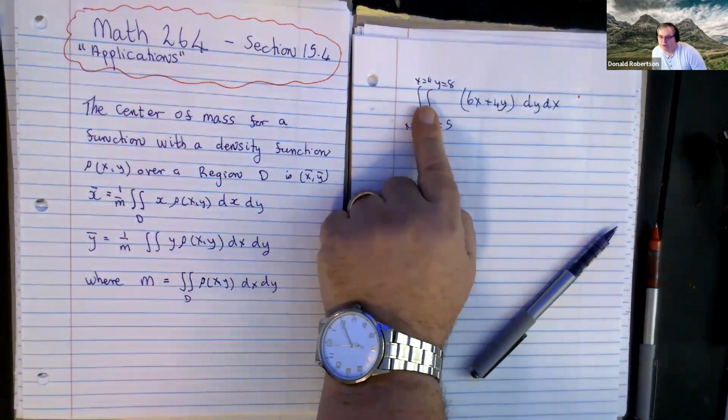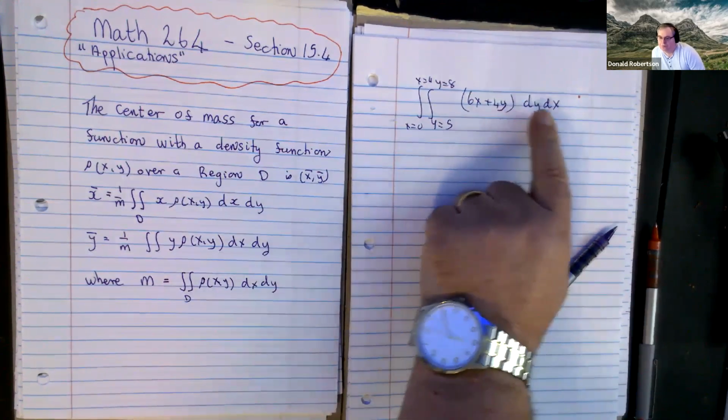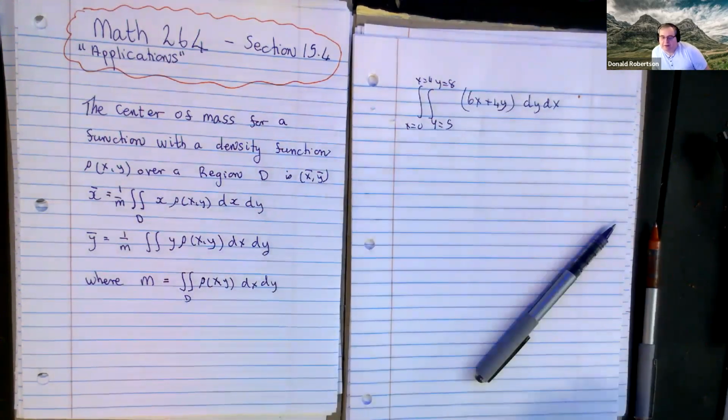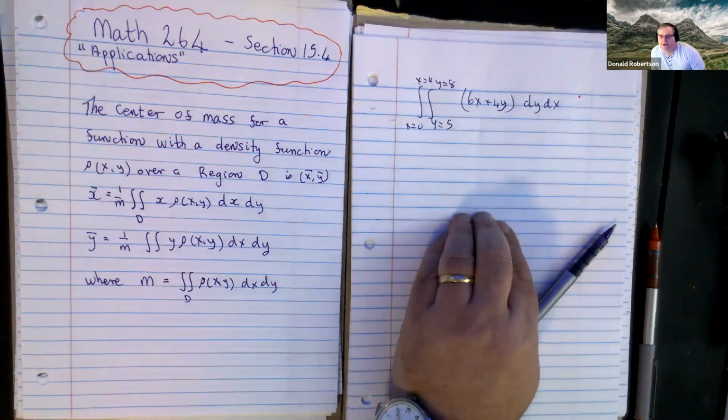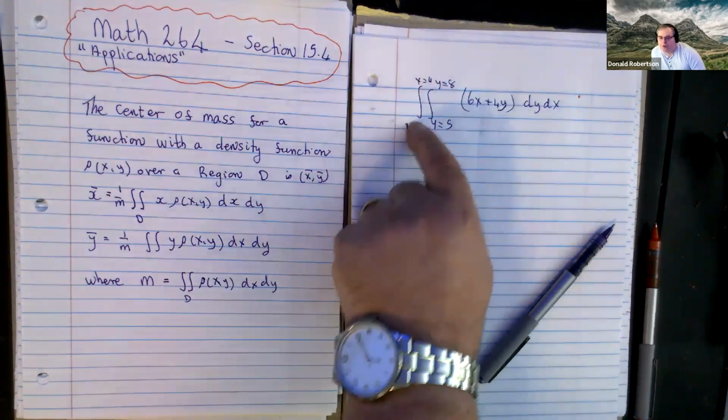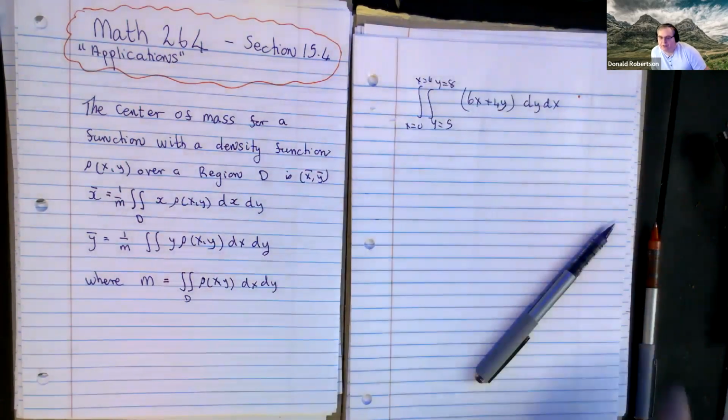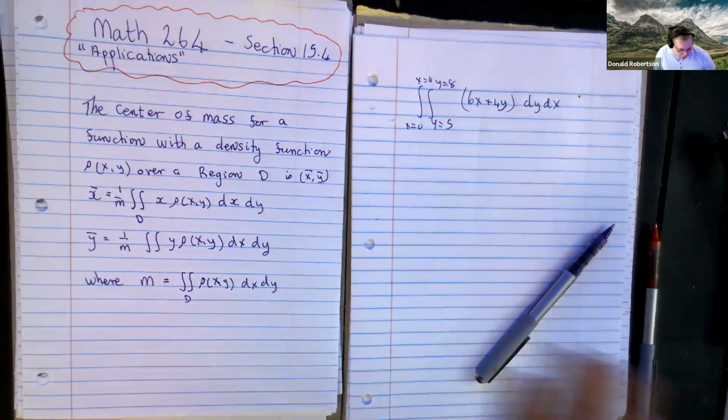That's your region, that's your density function, there's your variables. I know these are both numbers, which is great. Is this function variable separable? No. So wouldn't you just have to do the dy's first and then later on do the dx's? There's no avoiding it.